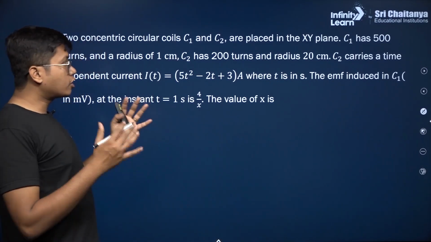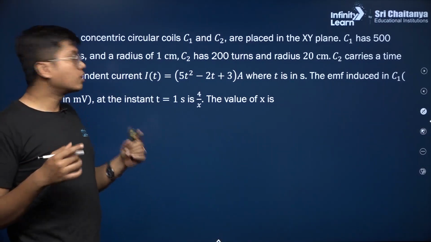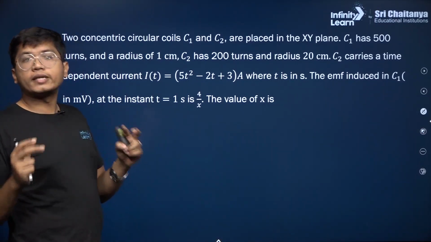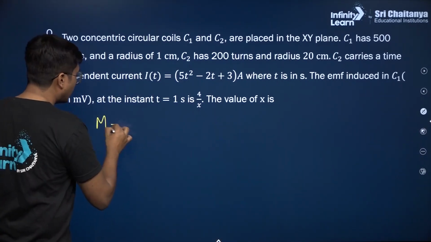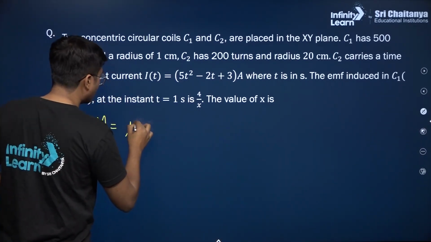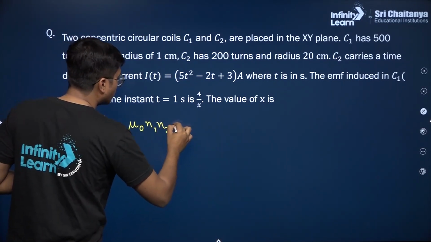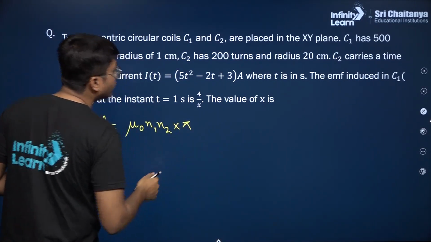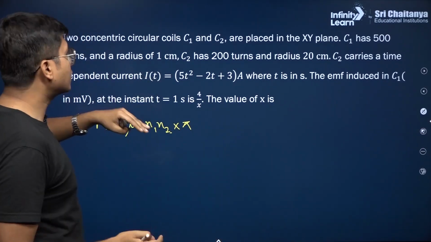So this is just two circular planes, concentric circular planes. So we know what the value for the mutual inductance of that is. It's a standard relation. M is equal to mu naught N1 N2 into pi of whichever is the smaller one, or the one through which the flux is passing.